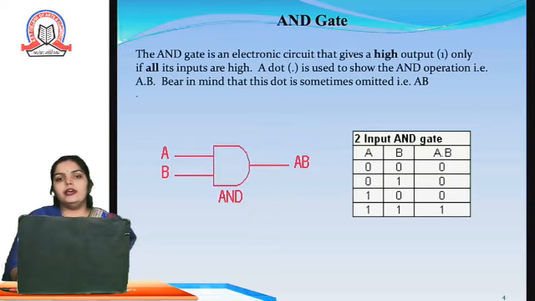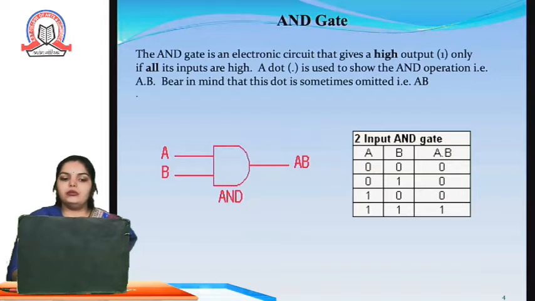For example, in any circuit, if you have two inputs A and B, and both inputs are high, meaning 1 1, then only it will give you a high output. The AND operation is represented by a dot, meaning the multiplication operation also. So if we want to represent A and B, we'll write A dot B.